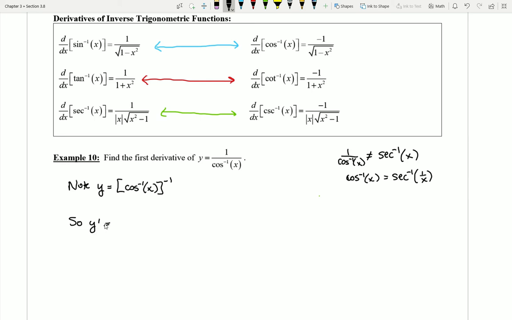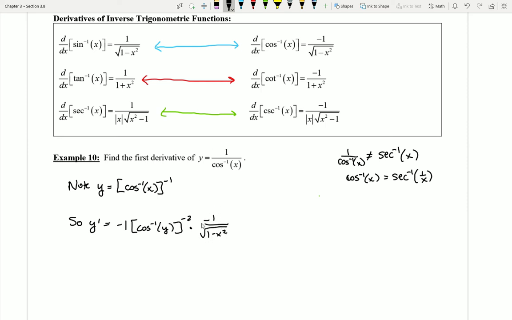So now when I compute y prime, I can take -1 and bring it to the front. I can then lower my power to -2, and then I can just multiply by the derivative of the inverse cosine, which according to what I have up here is -1 over the square root of 1 minus x squared.